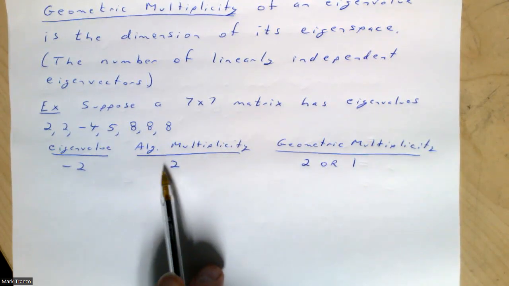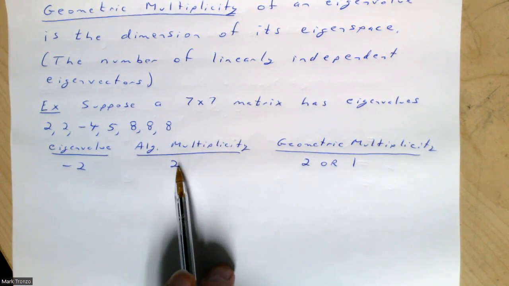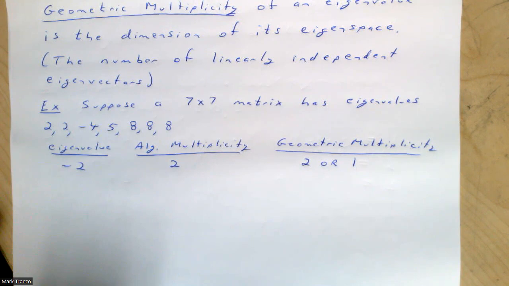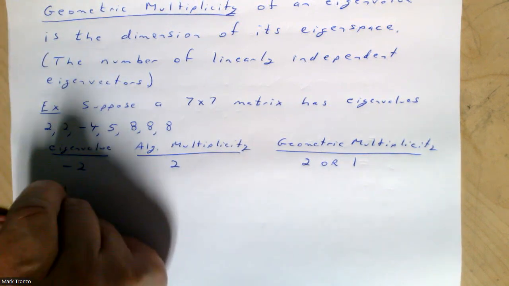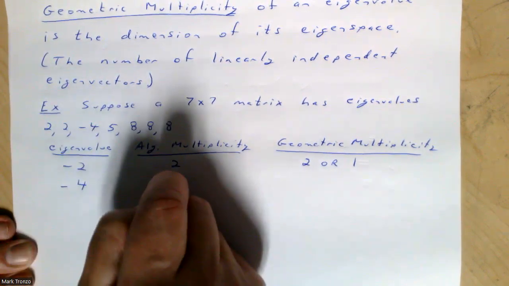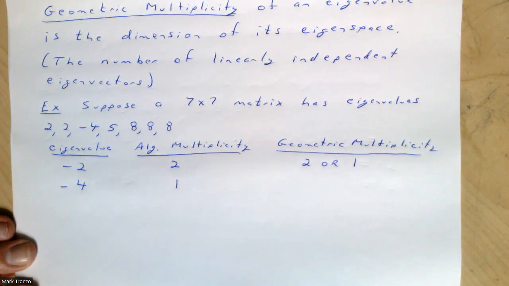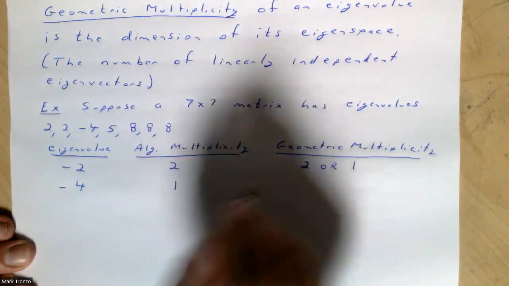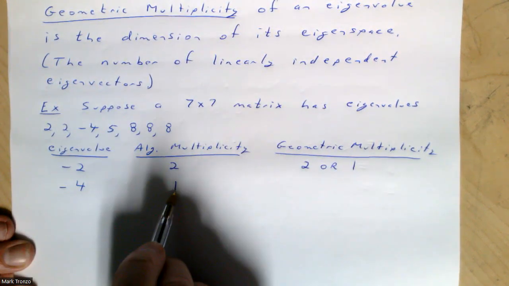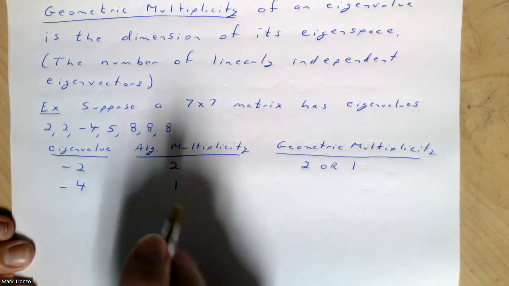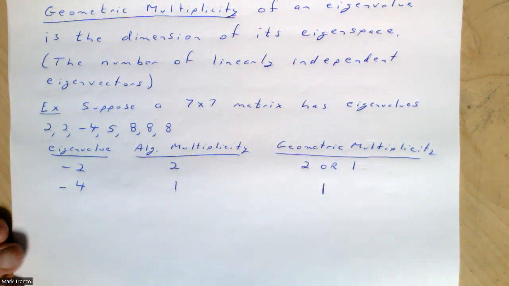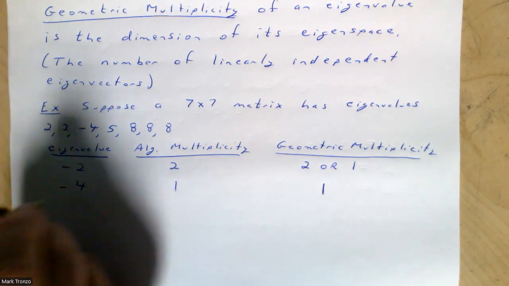But in this case, since we have the duplicate, and our algebraic multiplicity was 2, you could possibly have 2. You won't know without actually doing it.